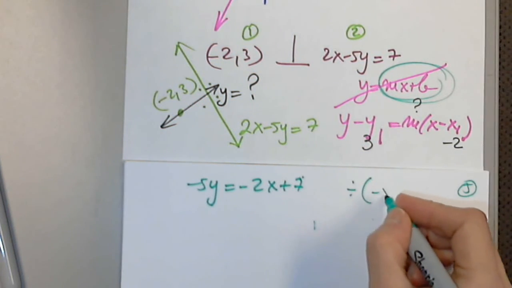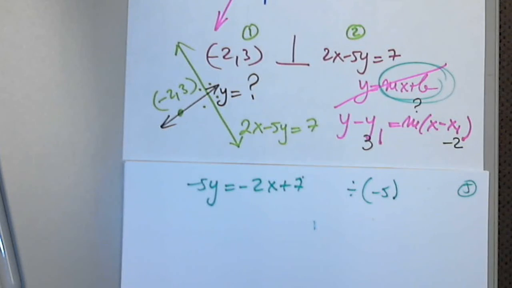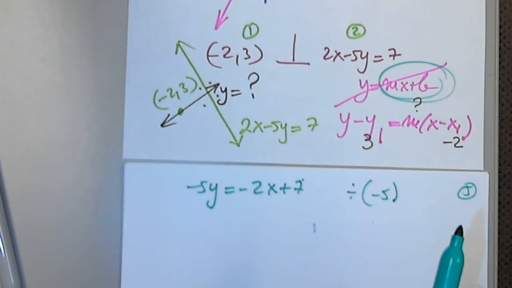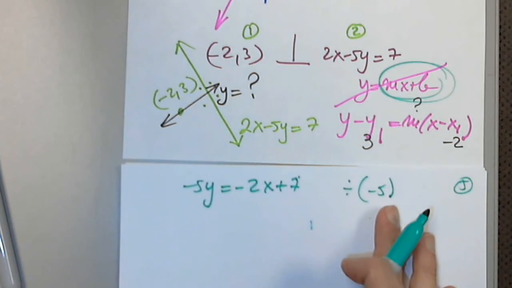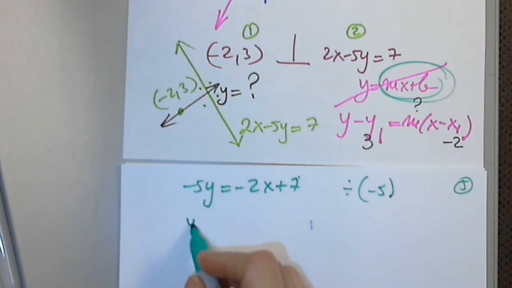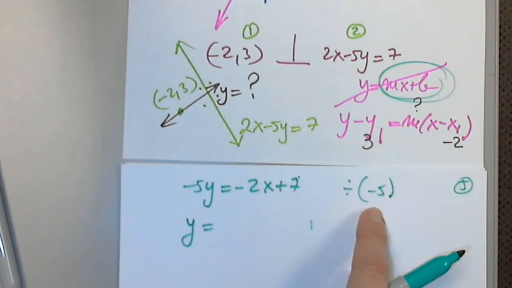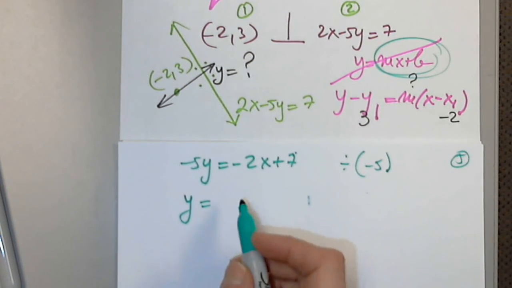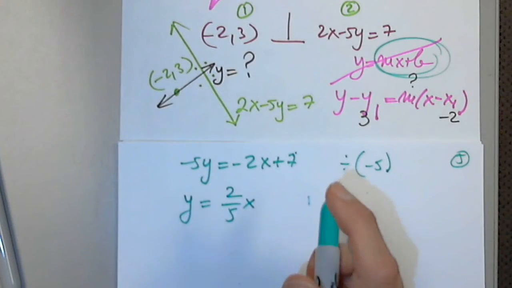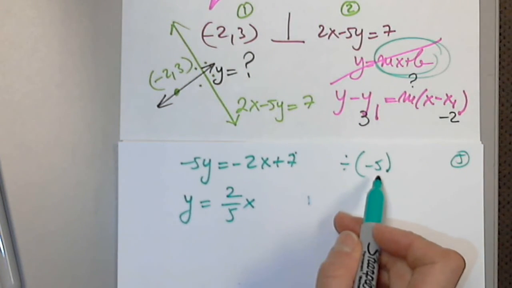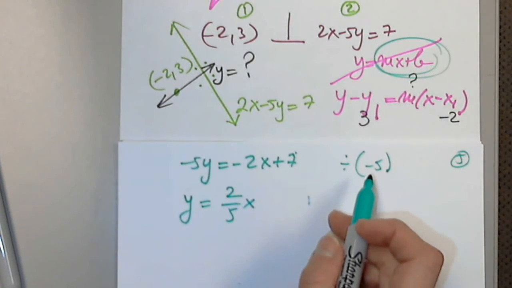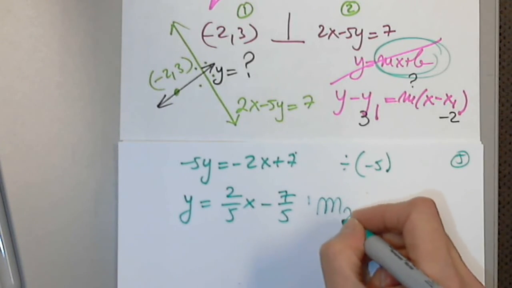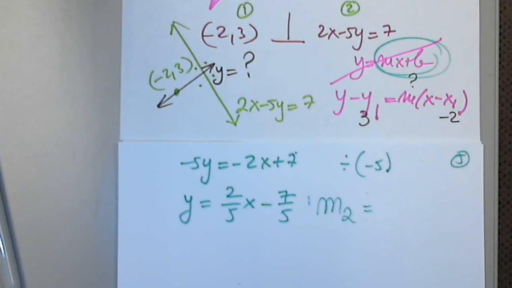I have to divide by negative 5, perfect, term by term. Do not just write here negative 5. No, please. Negative 5 divided by negative 5 is 1. Negative 2 divided by negative 5, is it a positive number or a negative number? Very good, 2/5 x. And then 7 divided by negative 5, is that a positive number or a negative number? Very good, awesome.